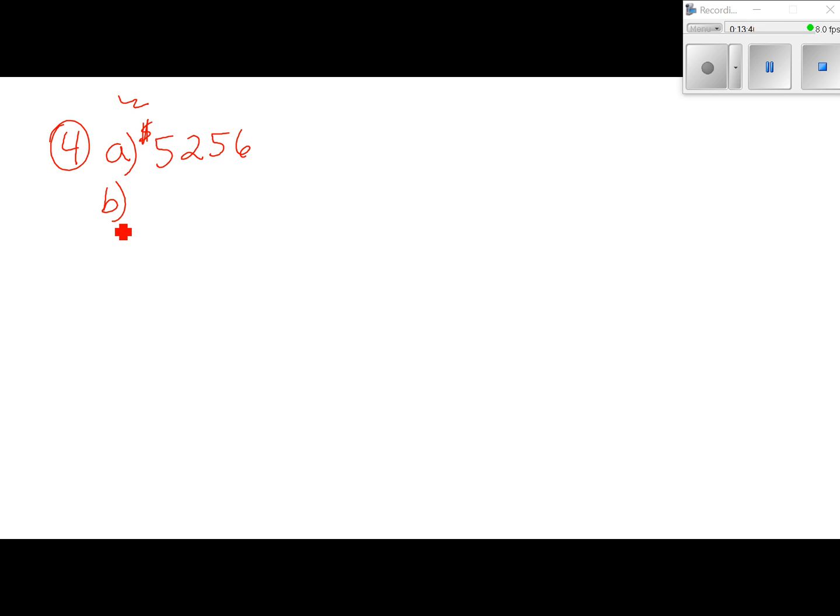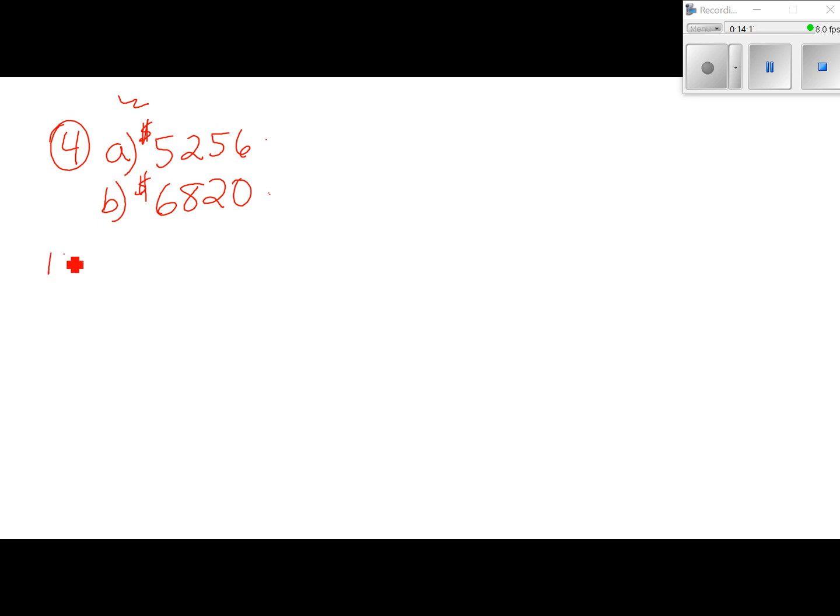So I take that 5256 plus 1419 plus 80 plus 65, it equals, and I get 6,820. So you make $5,256 in payments, and your total lease cost is $6,820.